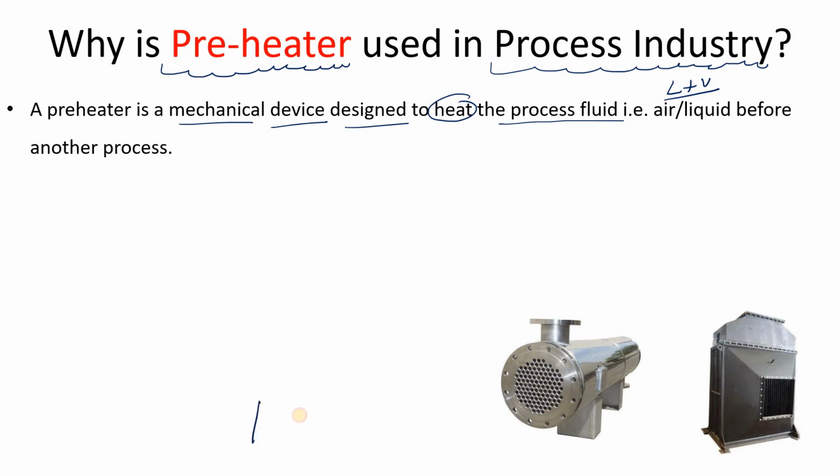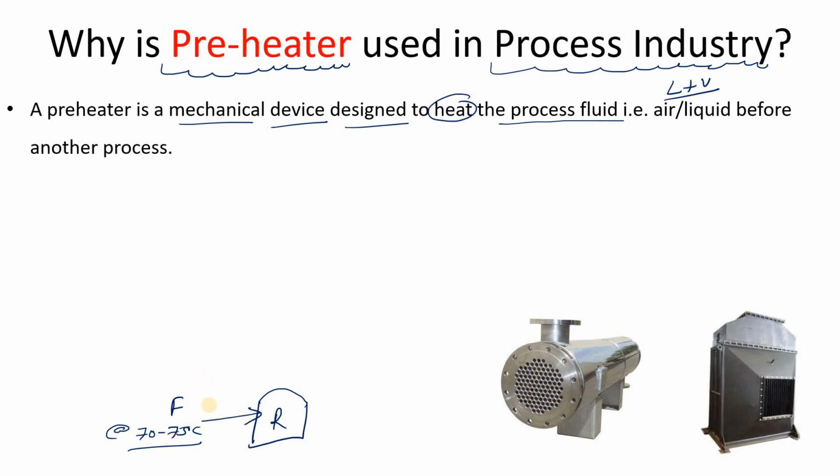See, just take one example. This is your reactor R, and in this reactor there is one process fluid, and you want that process fluid to be in some temperature range, for example 70 to 75. If you achieve this temperature at the inlet of the reactor, you get the optimum efficiency in this temperature range.